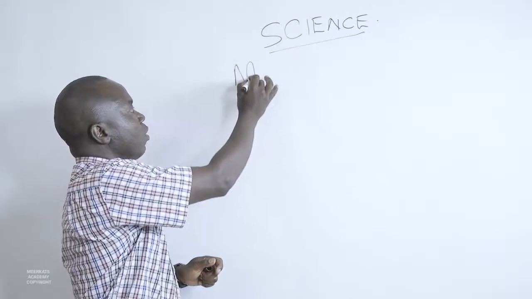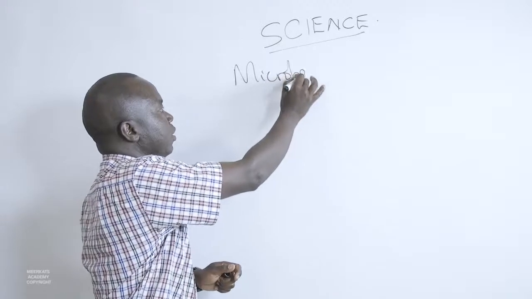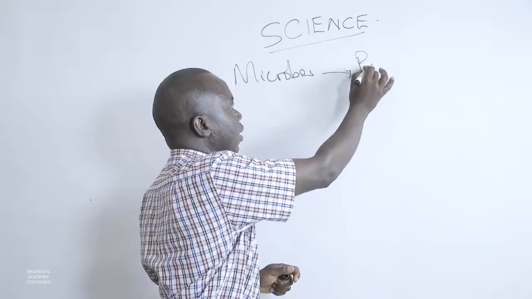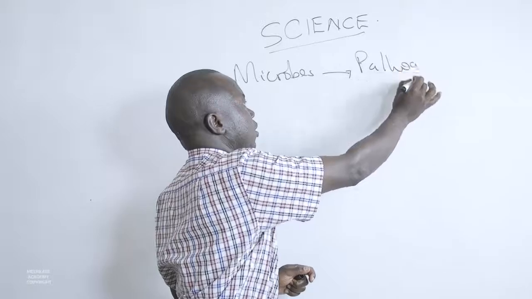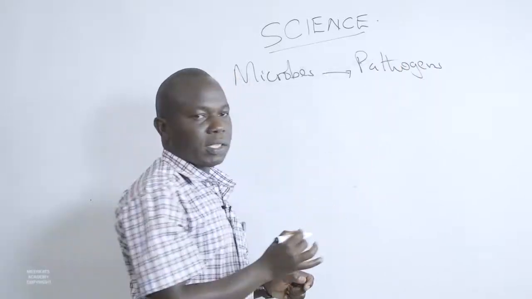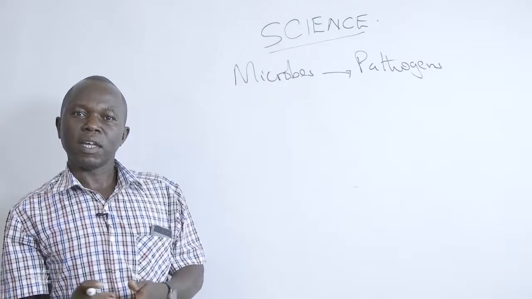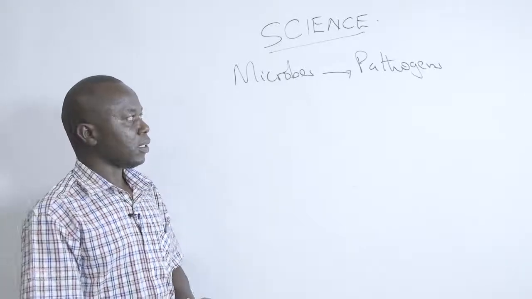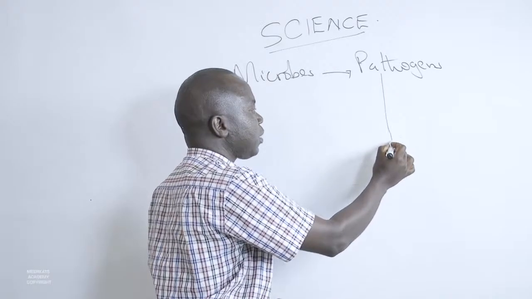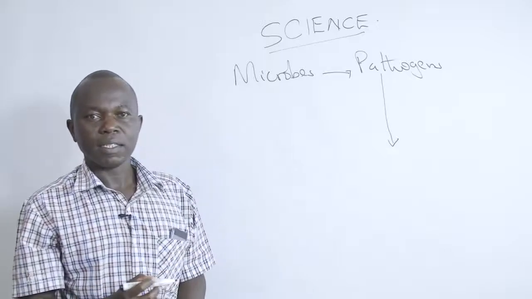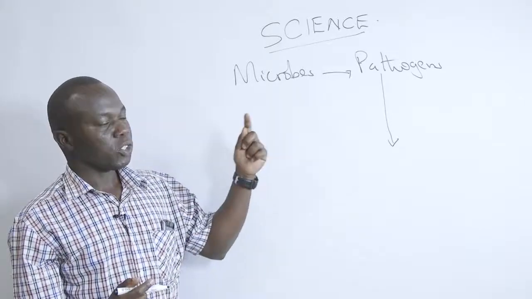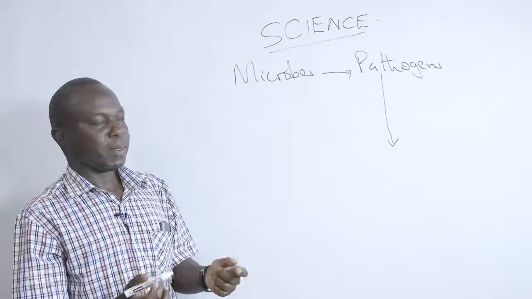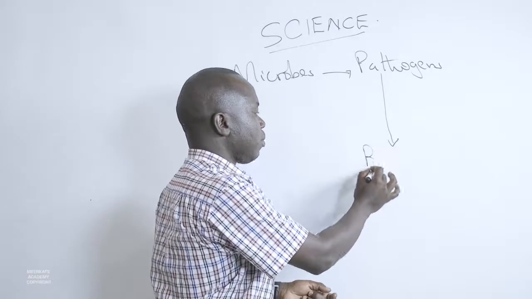So if we have microbes classified as pathogens, they cannot just cause disease if they are independent of the body. They have to be transferred from the source which is producing the pathogens to the body.